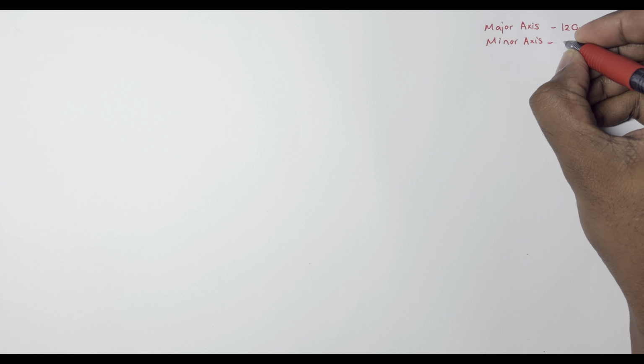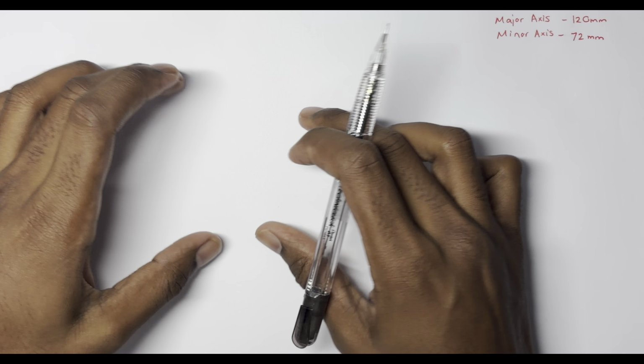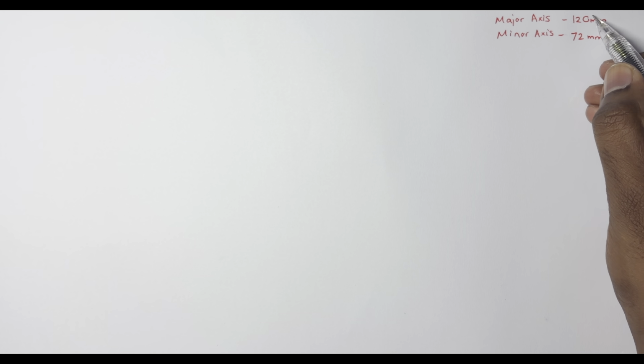Minor axis, let's say 72 millimeters. So if it's not given to you, it'll be stated, and once it's stated, you can go ahead and draw.